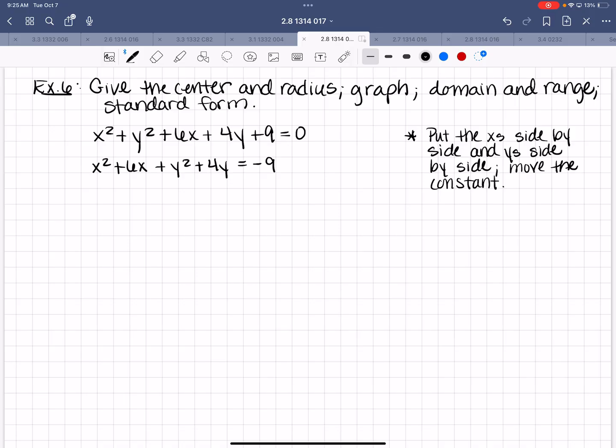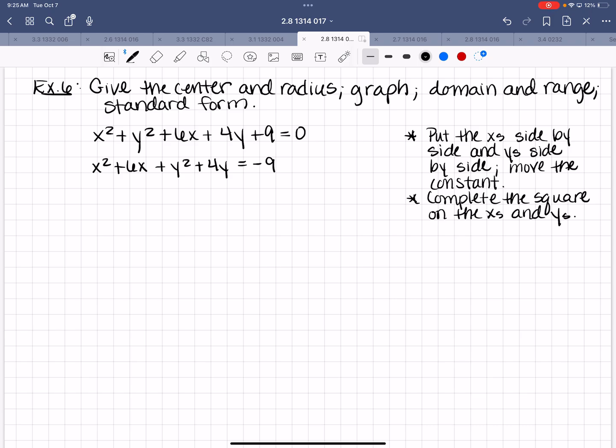Now, we need to complete the square on the x's and y's.